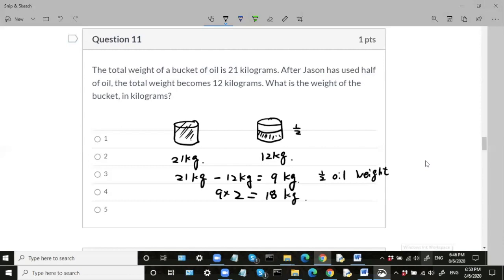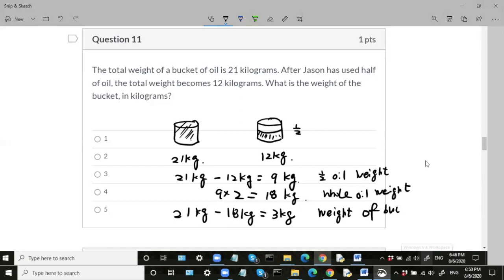It's the whole oil weight. Then we have the total weight of the bucket of oil, 21. So 21 kilograms minus 18 kilograms, we have 3 kilograms, which is the weight of the bucket. Okay, so which is C.